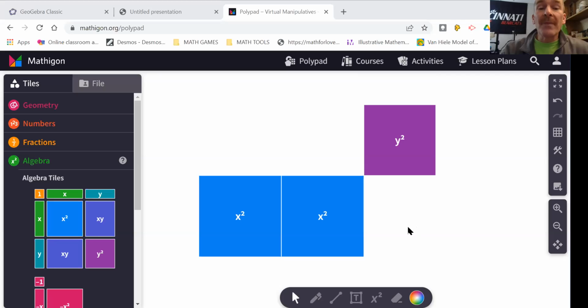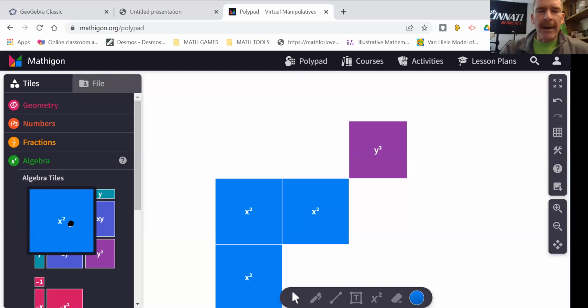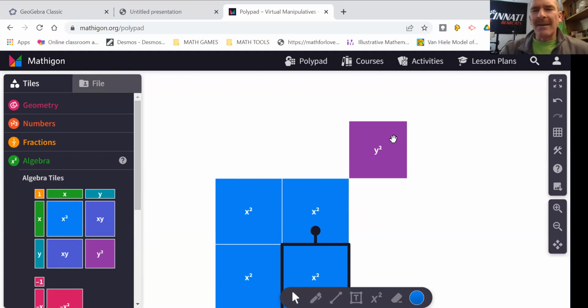In order to complete the square, because we can't complete rectangles, I did try that and it does not work, I would need to add 2 more x squareds down here to the bottom, but I don't need to add any more y squareds, though I could. That would be interesting.